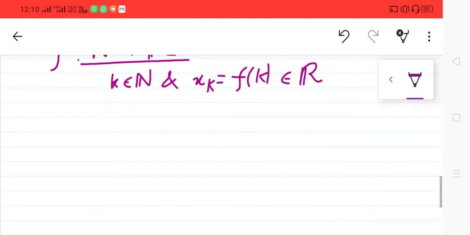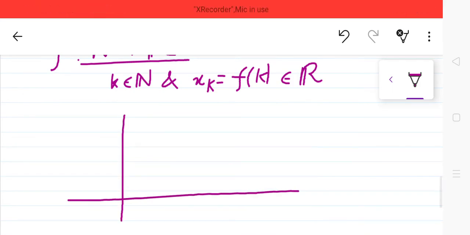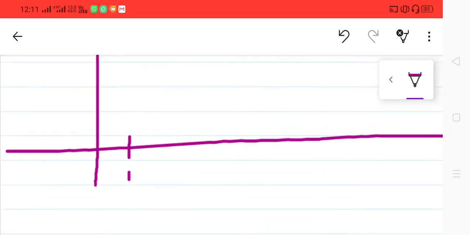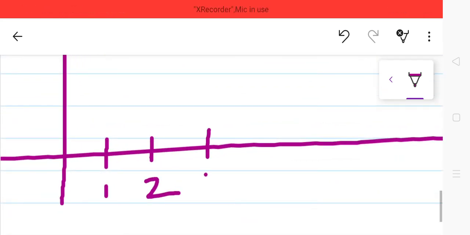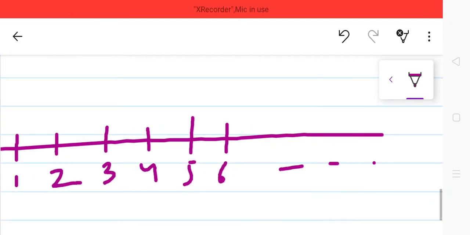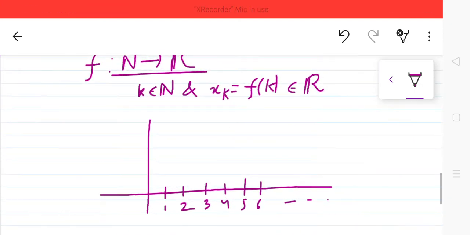So how do you plot it? If you have 1 here, 2, I just map first, 4, 5, and so on. You have points.